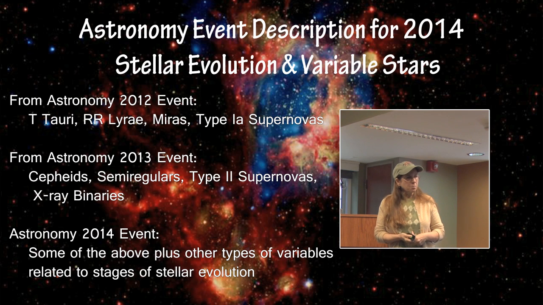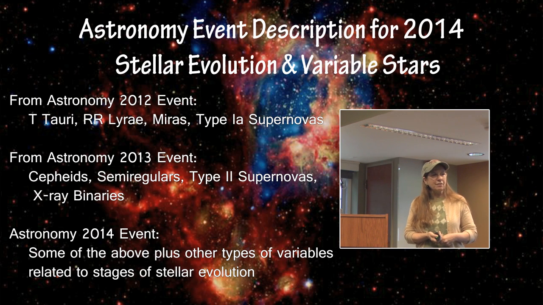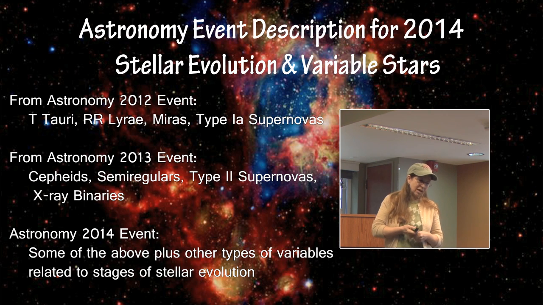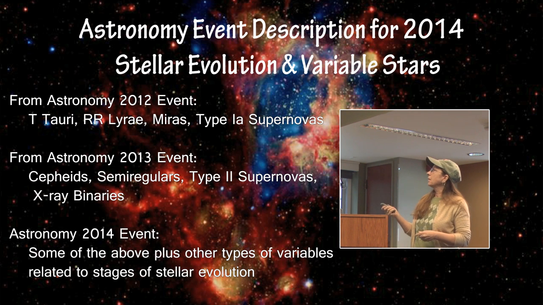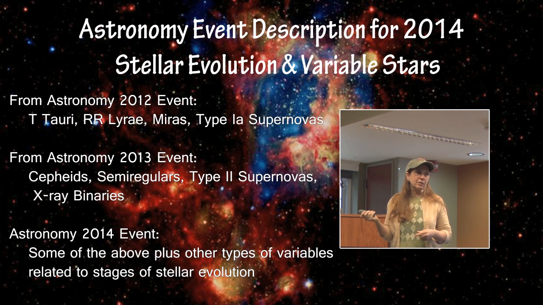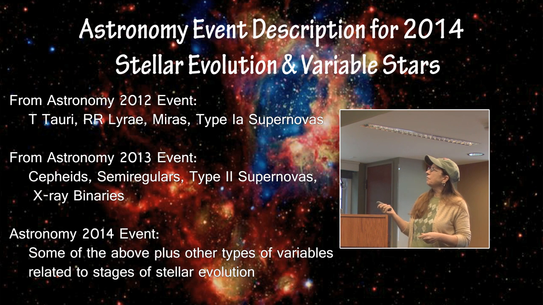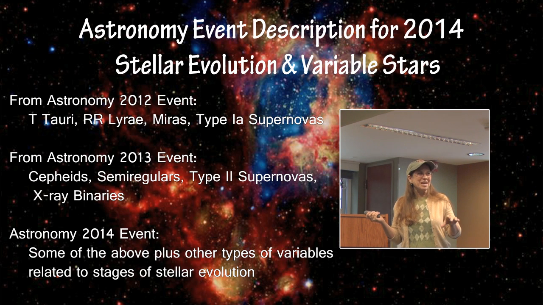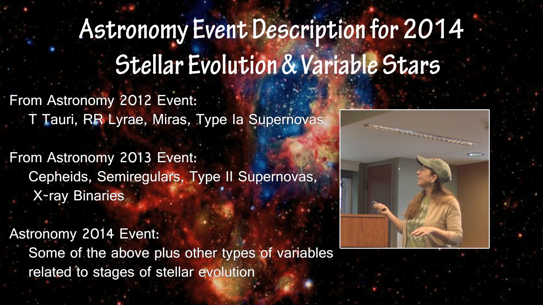So, for those of you competing in the 2013 event that competed in the 2012 event, you have a little bit of an edge because you've already studied stellar evolution. Last year's event was Type 1a supernovas.